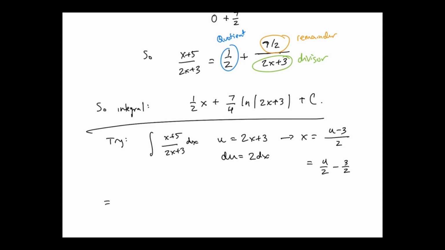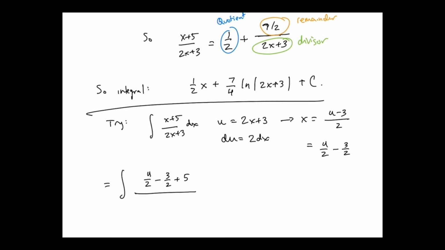So then here, if that's x, what's x plus 5? Right, so that's the numerator. And then what's the denominator? Just u, okay? And then du.